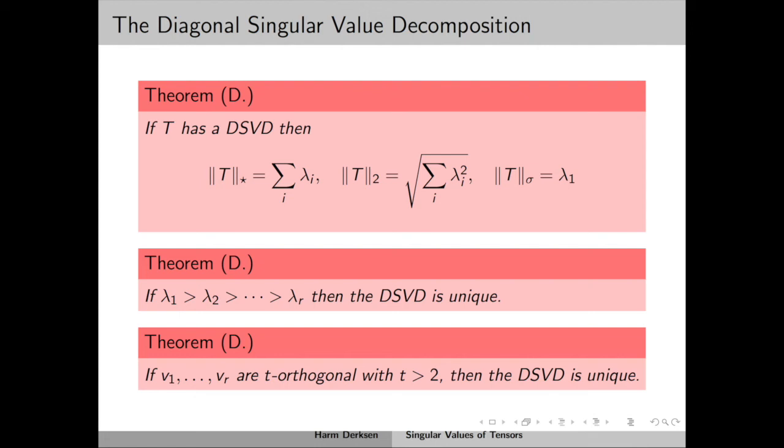If these simple tensors are t-orthogonal and t is strictly larger than 2, then this diagonal singular value decomposition is unique, even if the singular values may be the same. So if you have a matrix where the singular values are all the same, then the singular value decomposition may not be unique.